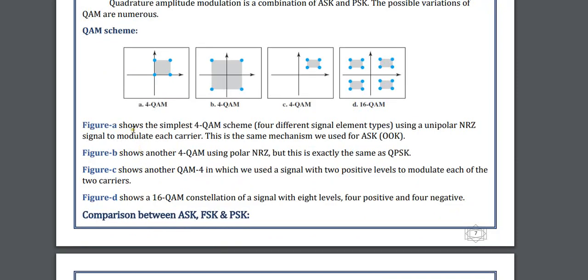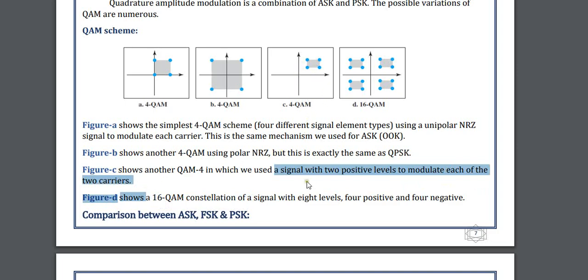Here are the descriptions of them. Figure A shows the 4 QAM scheme, with 4 different signal elements of the unipolar type. In figure B, there is polar NRZ, which depends on the polarity. In C, we have used a signal with two positive levels, with modulation of each level with two carriers.